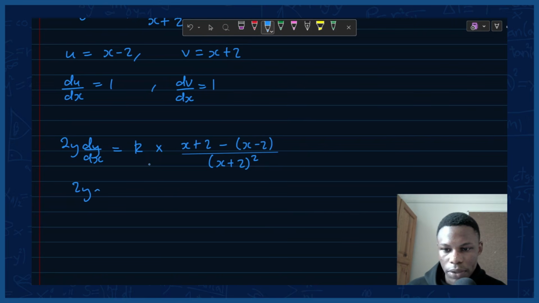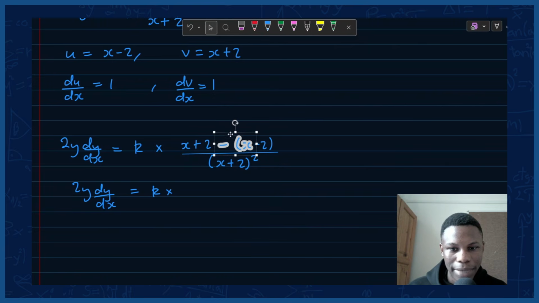And so we have that 2y dy/dx is equal to k multiplied by, here this x will get cancelled by minus x there, and then I have 2 minus minus 2, so 2 plus 2, which is 4, over (x plus 2) squared.